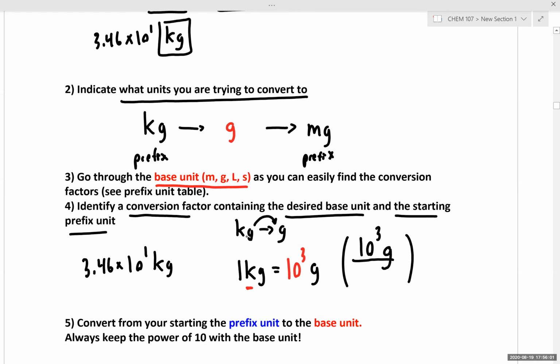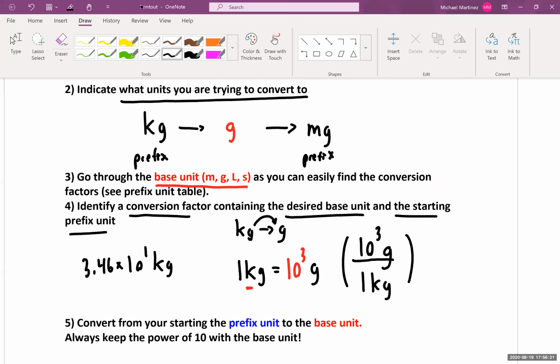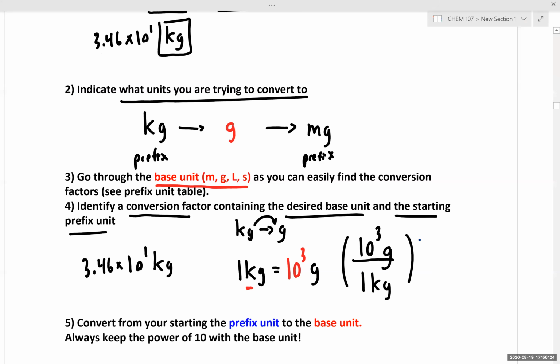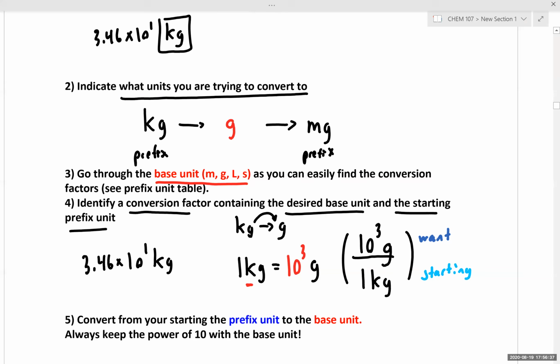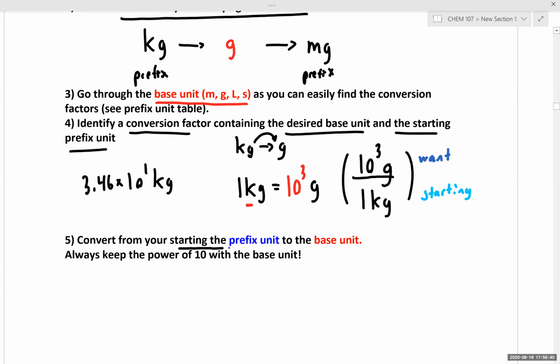Now, if I'm going from kilograms, what goes on the bottom? If I want to get rid of kilograms, kilograms goes on the bottom. Yep, exactly right. So in general, when you're setting up your unit conversion factor, you put what you want on top and what you're starting out with on the bottom.